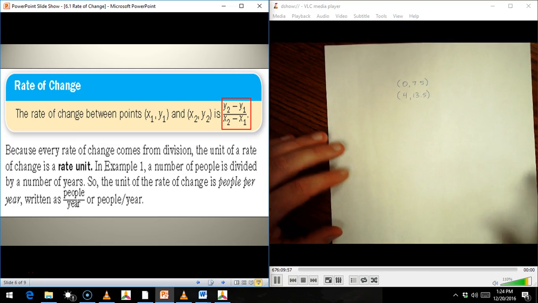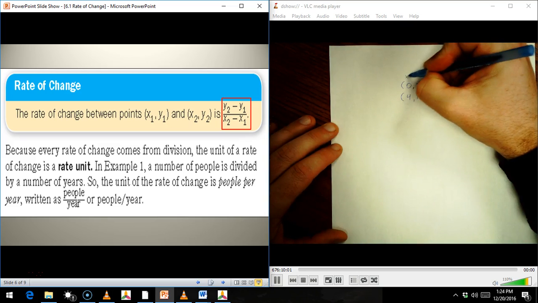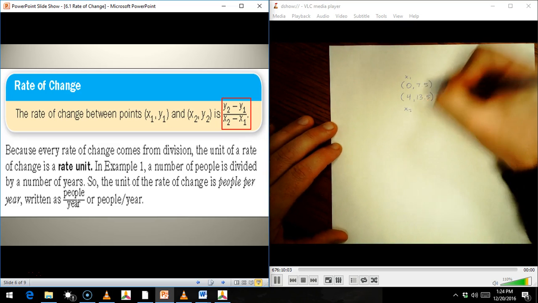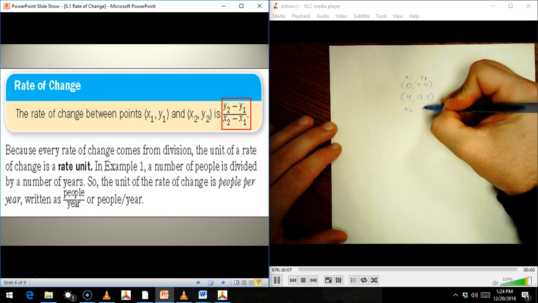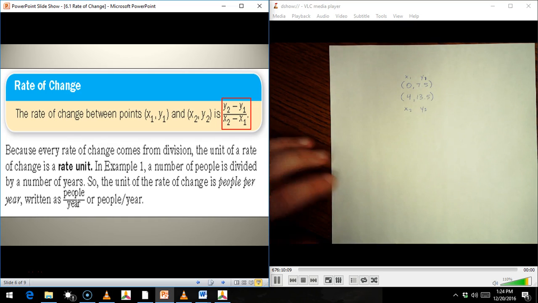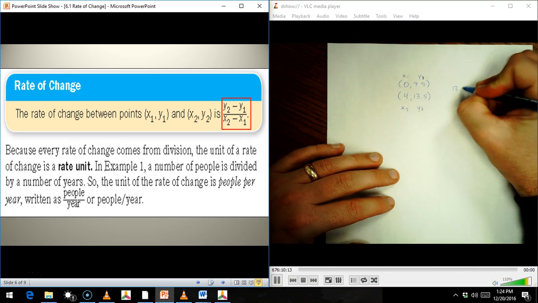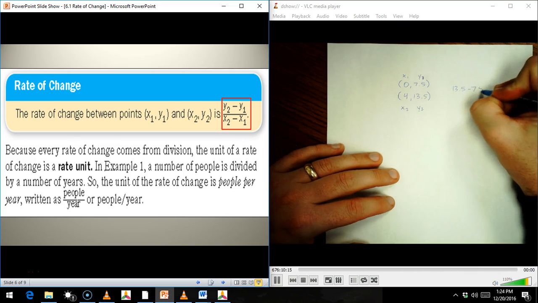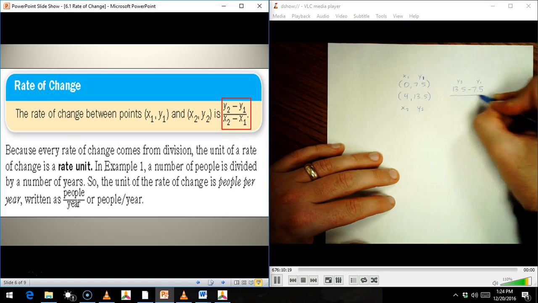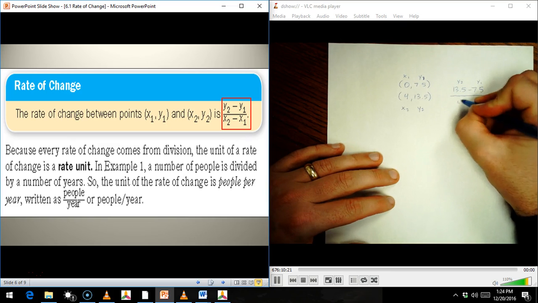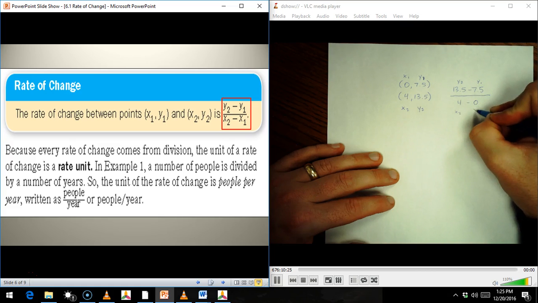So if you thought of the birth of the baby this way, you'd have x1, x2, y1, y2. And so if you look at what you did for 2a, you did the exact same thing. 13.5 minus 7.5, so y2 minus y1, divided by 4 minus 0, which is the x2 minus the x1.